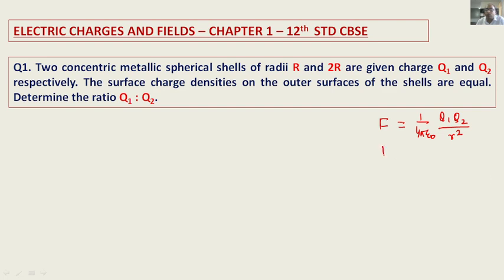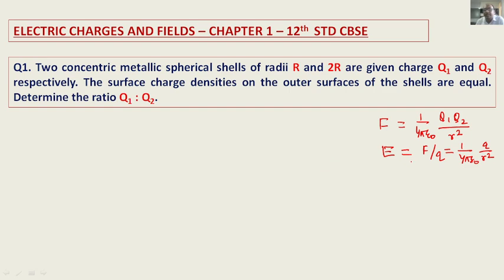We also know that electric field is expressed as force per unit test charge. So we can write that electric field can also be found as 1 by 4 pi epsilon 0 Q by r square.